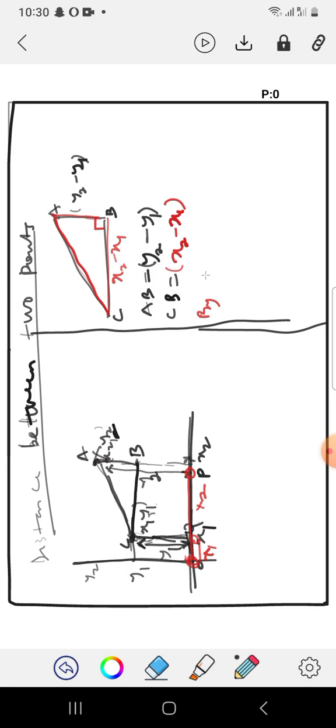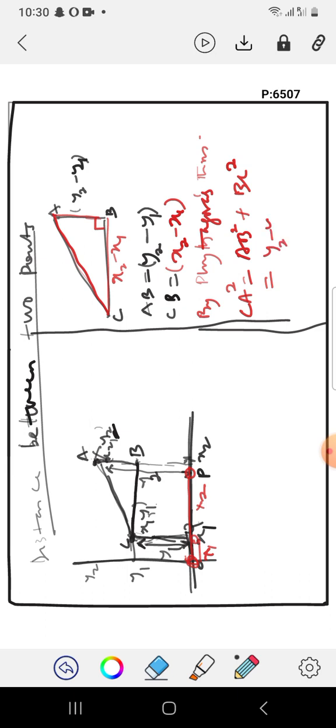So by Pythagoras theorem, we know that CA squared is going to be AB squared plus BC squared, which of course is going to be y2 minus y1 all squared plus x2 minus x1 all squared.